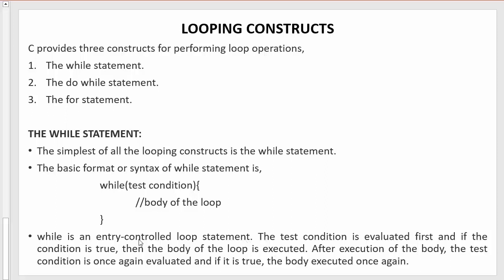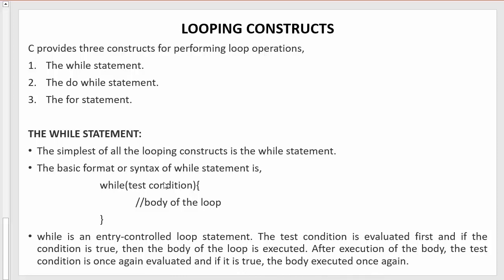So how does the while statement work? There is a test condition. If this condition becomes true, only then does the body of the loop get executed. After execution of the body, the test condition is evaluated once again, and if it is true, the body is executed once again.